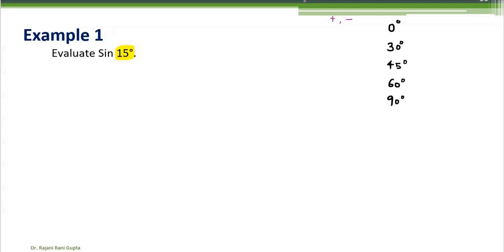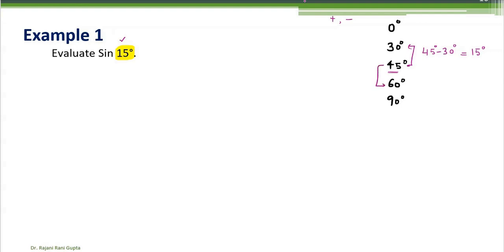So 15 degree. If you look here, the last digit is 5, so it means you have to make use of angle 45. If you use these two angles, 45 minus 30, what will you get? 15 degrees. Yes, this is the angle that you need. Another possibility? Yes, there is.